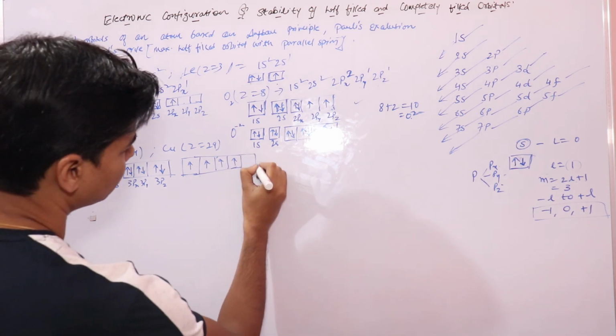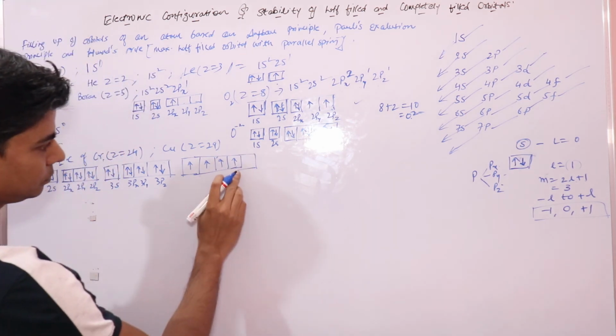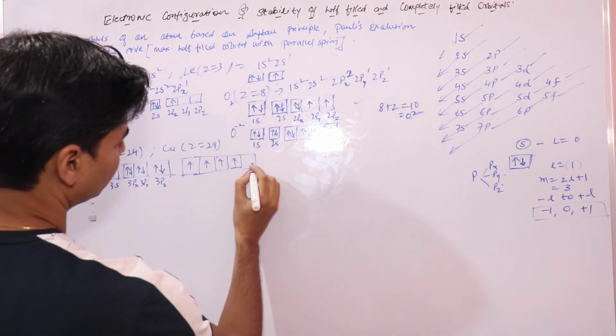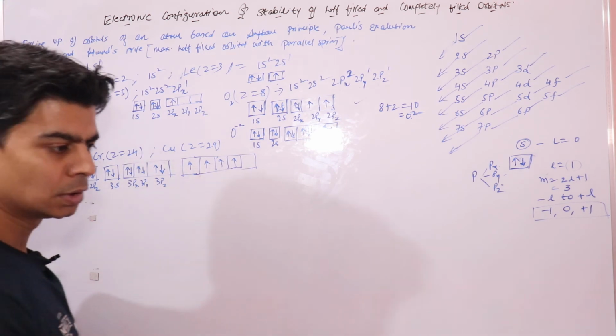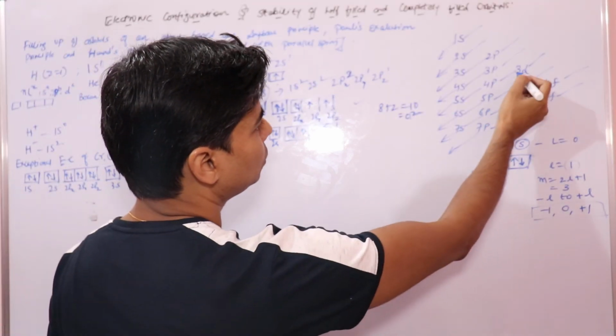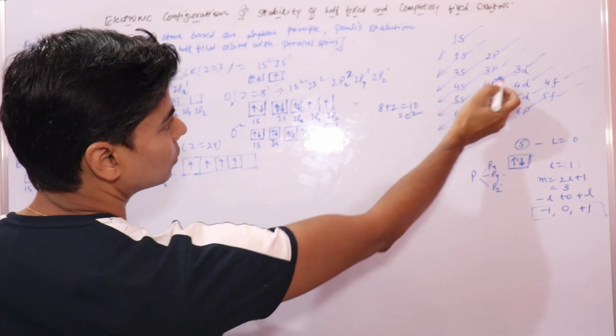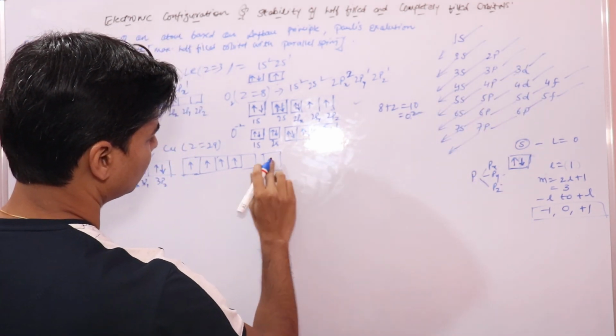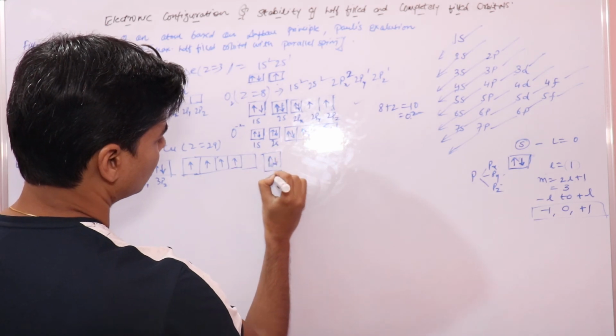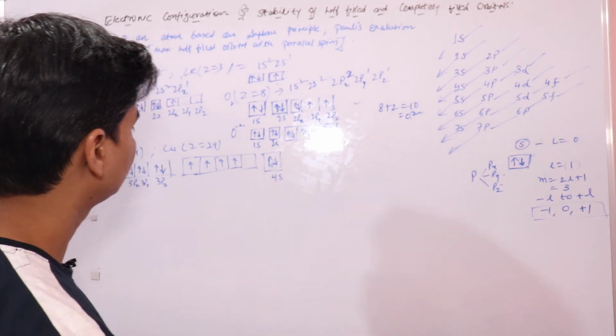And we know that d has 5 orbitals, right? Then you have 2 electrons left, right? So 2 electrons will go to, after 3d you have 4s, right?